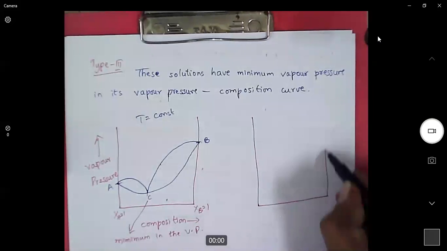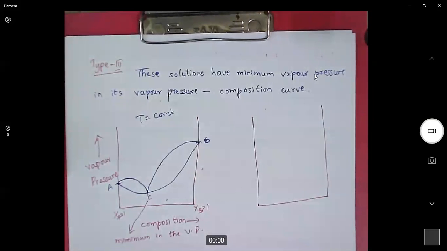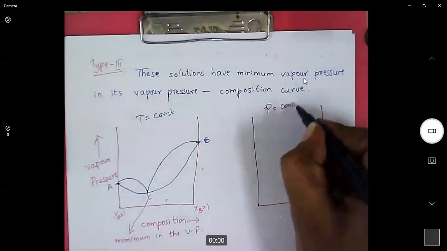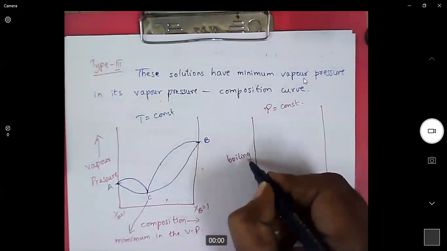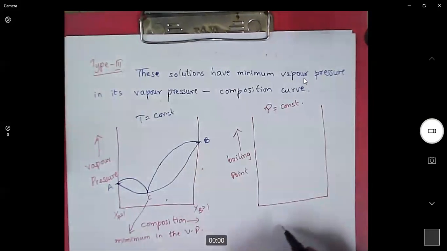Now we will look at boiling point composition curves. As we know, it is exactly reverse, right? So here pressure is constant, boiling point on the y-axis, composition on the x-axis.